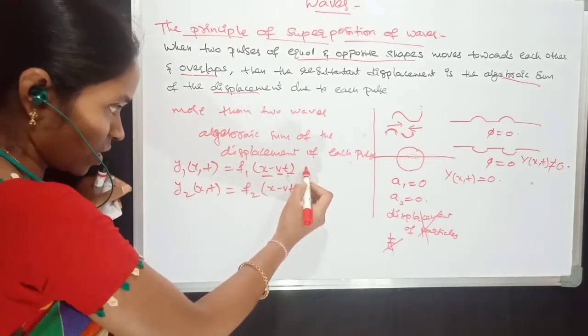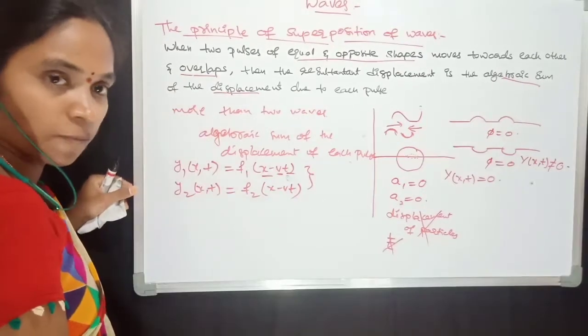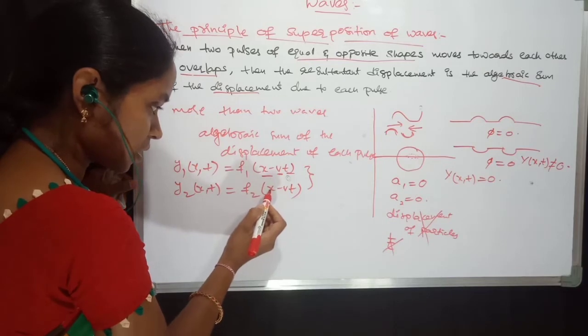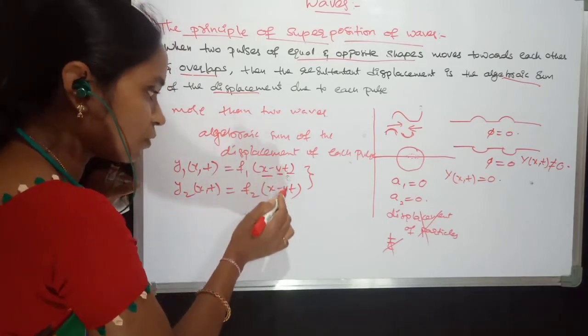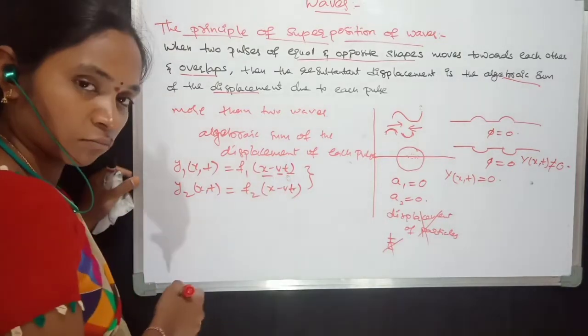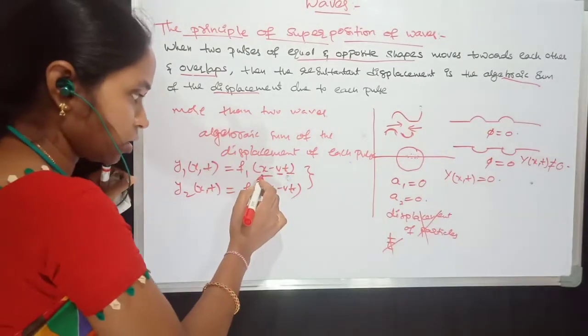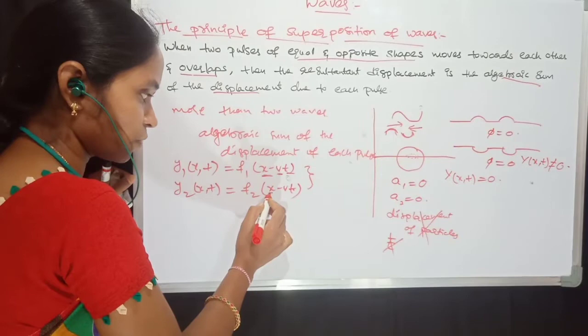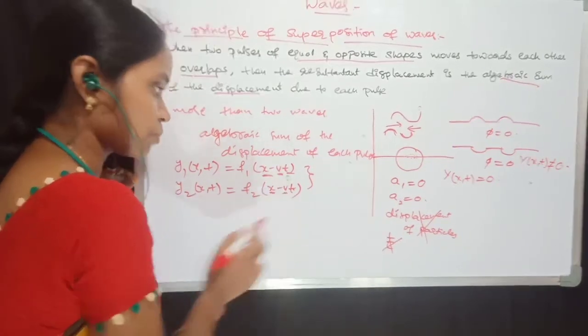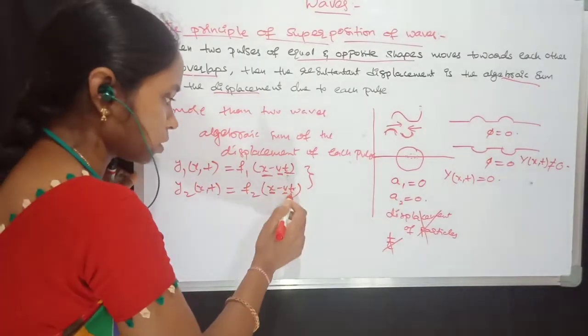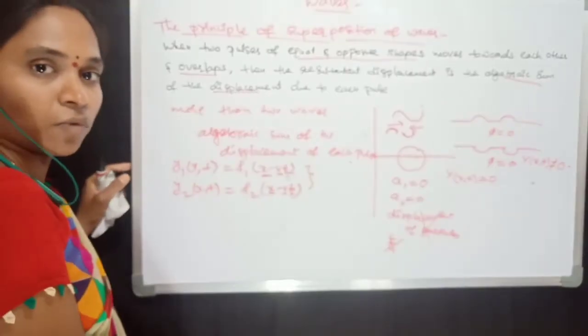Both these waves have equal position, equal velocity and equal time. There is no difference between the position of the waves, there is no difference between the speed of the waves, there is no difference between the time when they overlap.